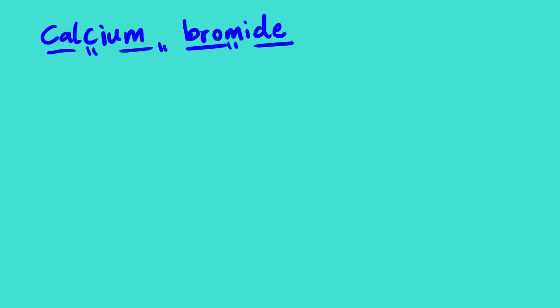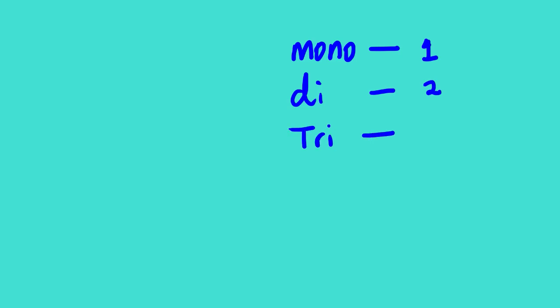But before we look at our first example, I want us to understand these words. In chemistry we have di. Actually the first one is mono. Mono, simply write this down. Mono means single or one. Di means 2. Tri means 3.